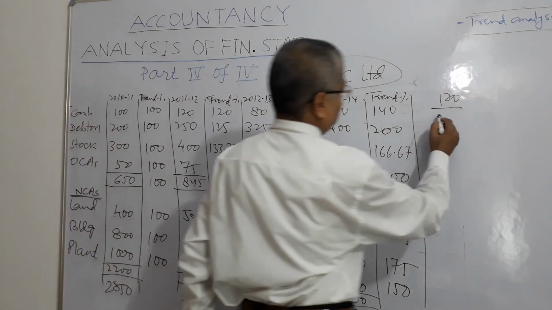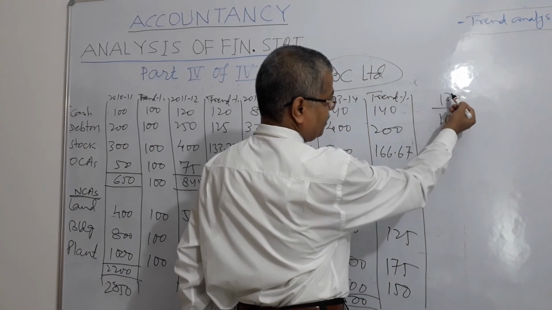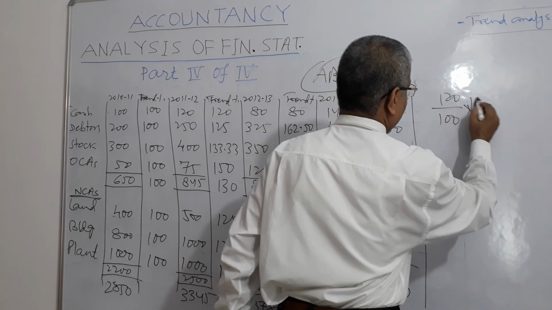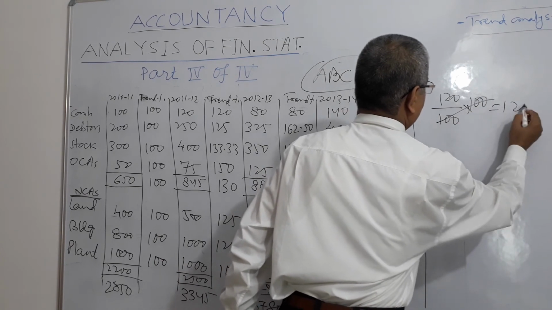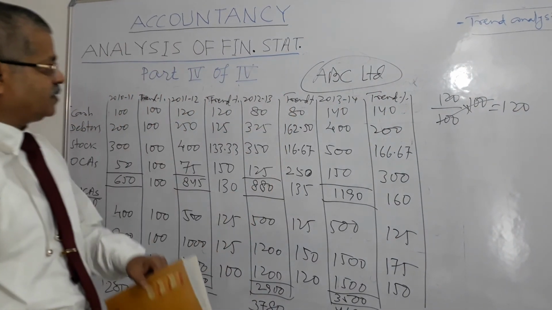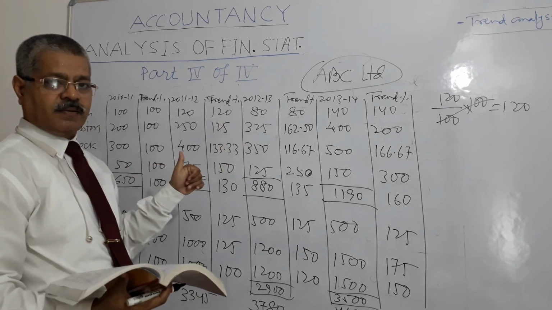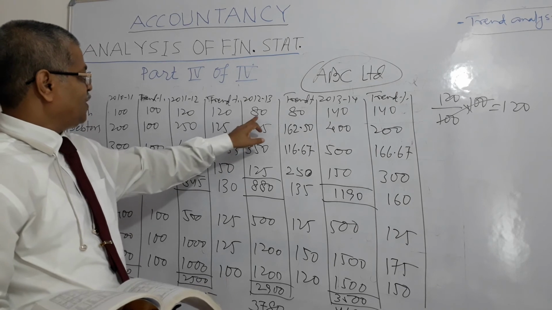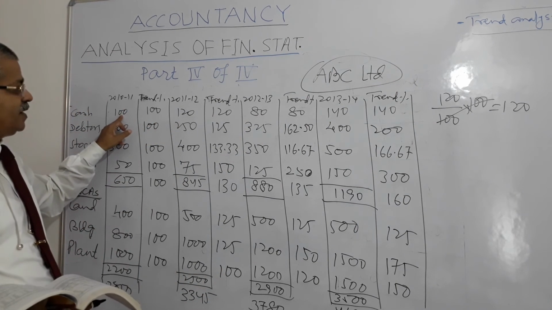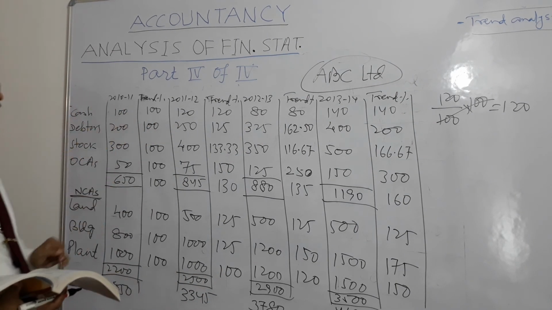So 120 upon 100, present year value upon base year into 100 is equal to 120 trend percentage, right? And when we are discussing 2013 as the present year value, 80 divided by base year 100 into 100 is equal to 80.